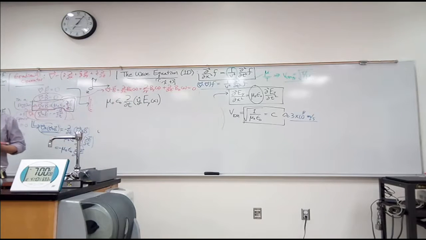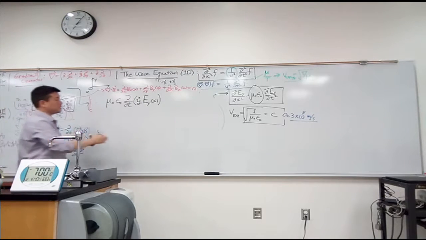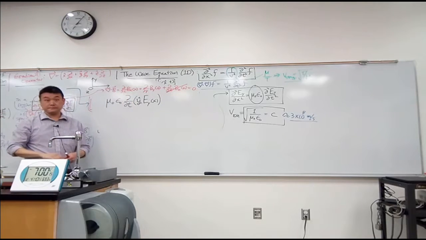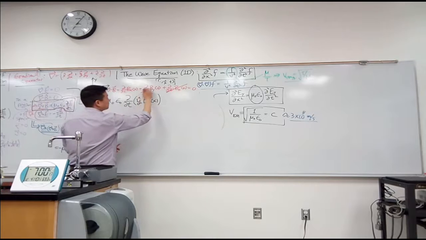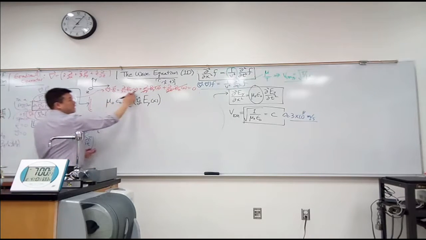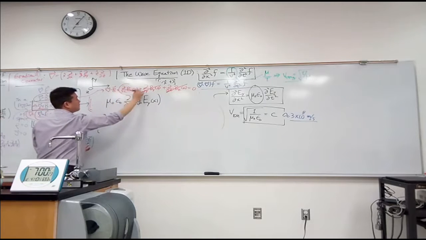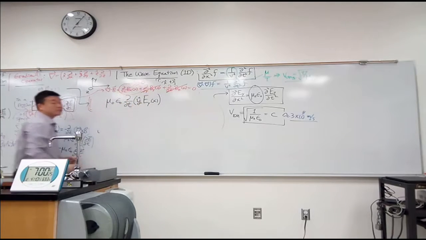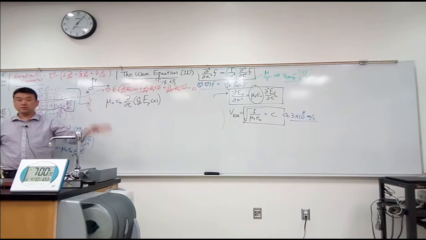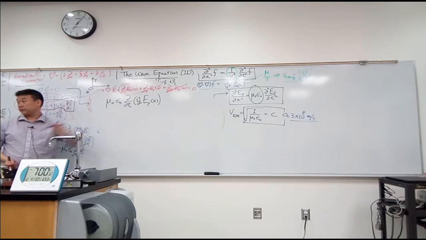Then you see the same thing you saw last time. This is 0 because it doesn't depend on z. This is also 0 because it doesn't depend on y, only on x. Since this entire thing is 0, that means this also must be equal to 0. So the magnetic field also has no oscillating x component.